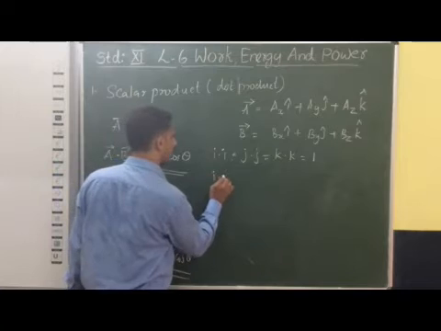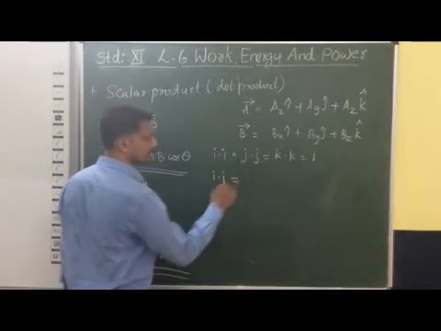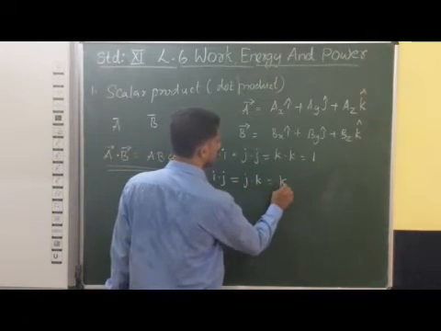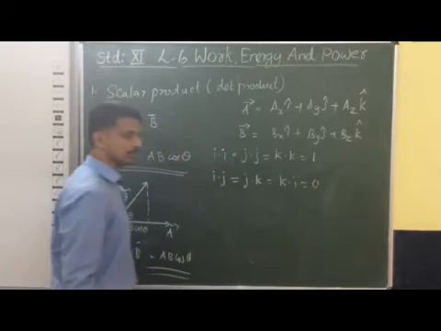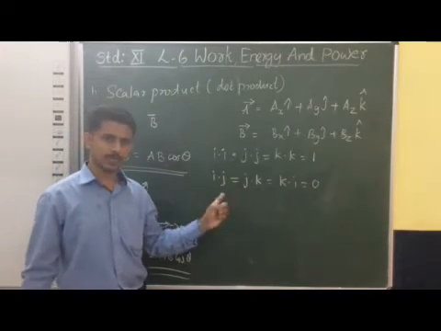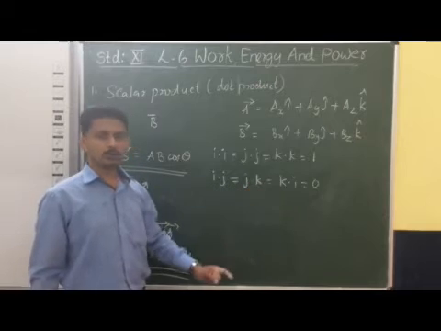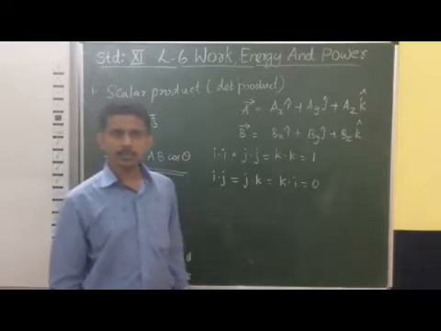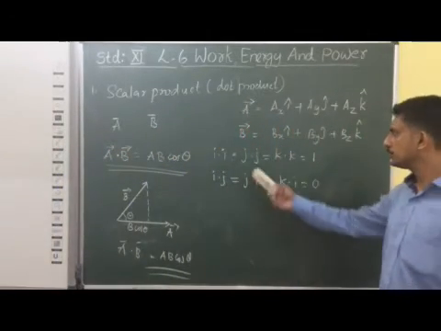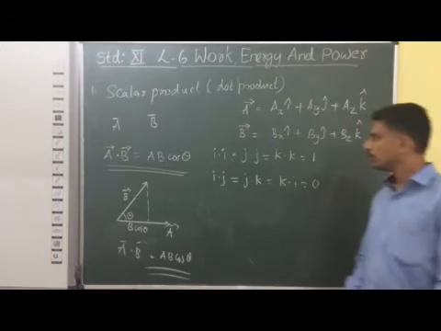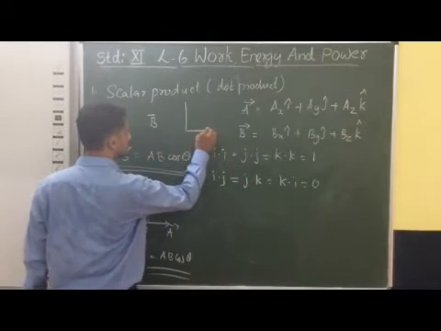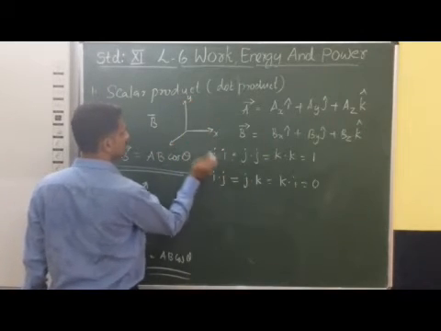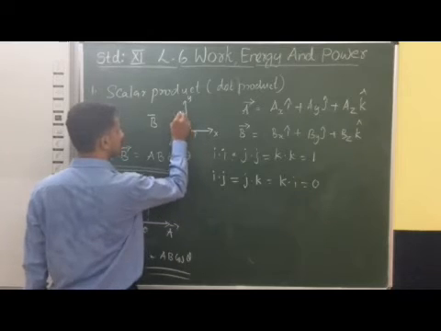At the same time, if you take i dot j, j dot k or k dot i, the dot product between these different unit vectors should be 0. Why is this 0? i is along the x direction and j is along the y direction.